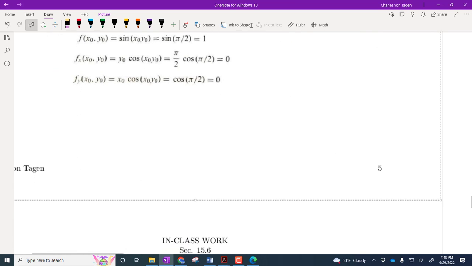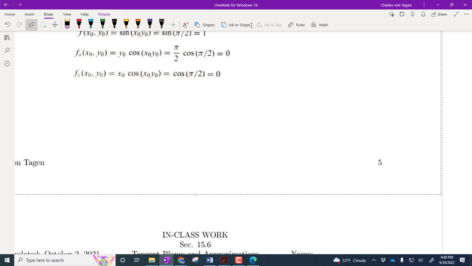So I think that's all I want to say about that, but I want to point that out to you. We don't do this. I don't think the other Colorado schools do it, but depending on where you go, you might be asked to have seen this in Calc 3.